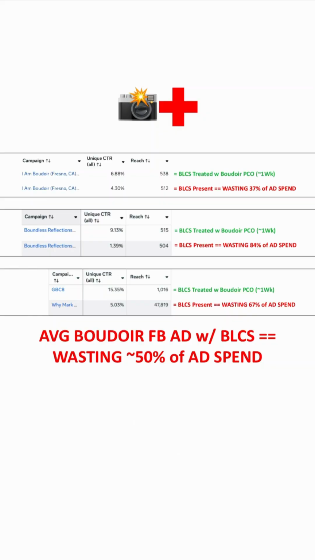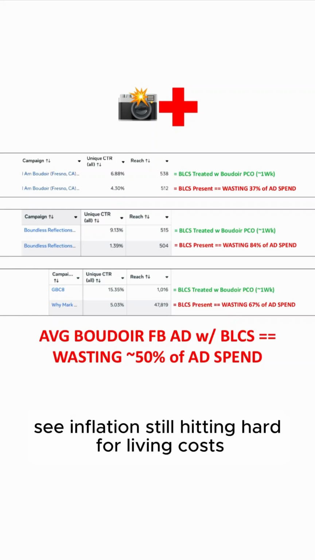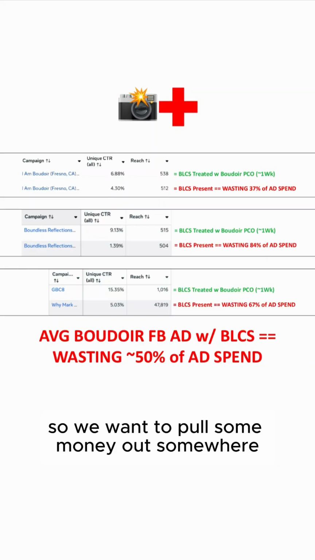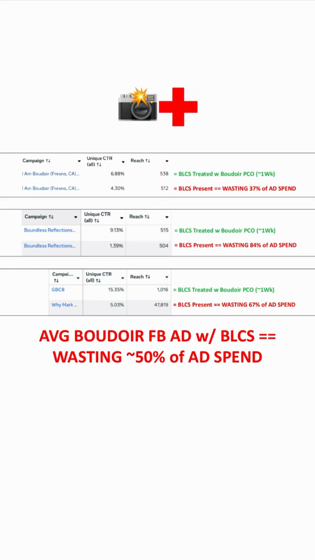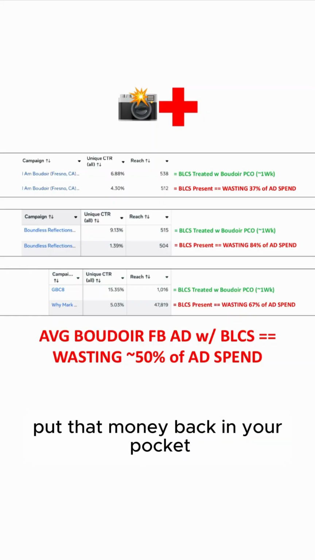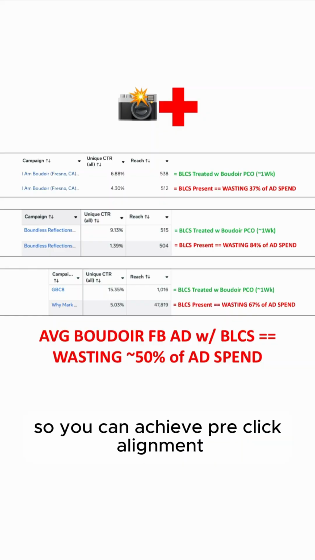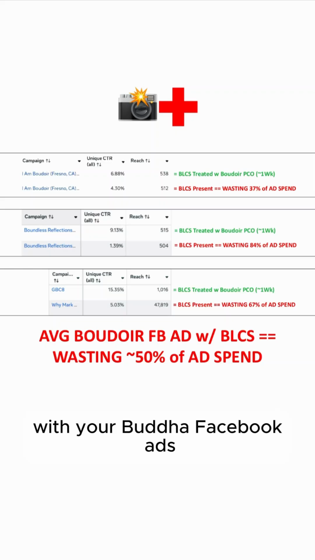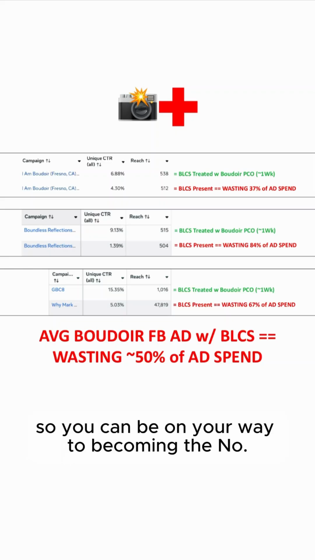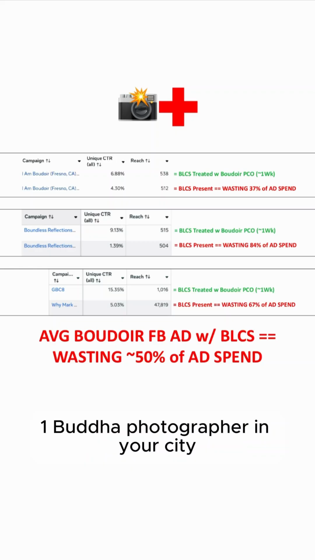And we're seeing inflation still hitting hard for living costs, so we want to pull some money out somewhere. You decide you want to do it with Facebook ads. Put that money back in your pocket so you can achieve pre-click alignment, become a dominant Boudoir advertiser, and achieve Boudoir brain entry boosts with your Boudoir Facebook ads. So you can be on your way to becoming the number one boudoir photographer in your city.